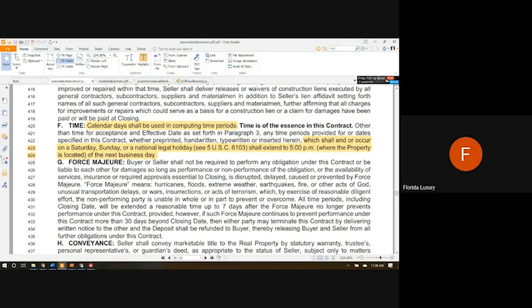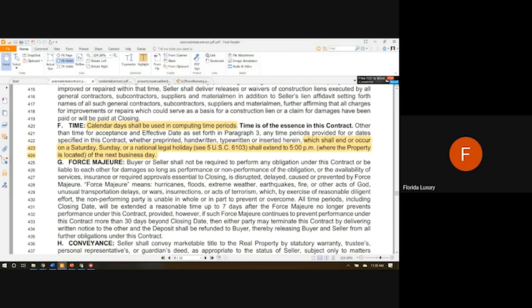Tomorrow. So the day it's received is day 0. The next calendar day is day 1. Just keep that in mind, because technically everything was signed on July 11th. Day 1 is technically July 12th. So just understand how those calendar days work.